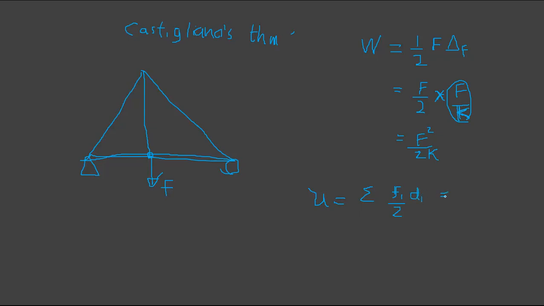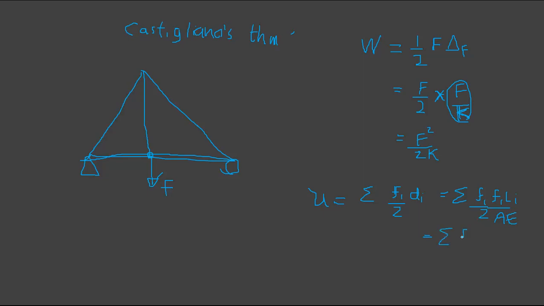So you can still write this as Fi, which can also be written in terms of Fi Li over Ae into 2.